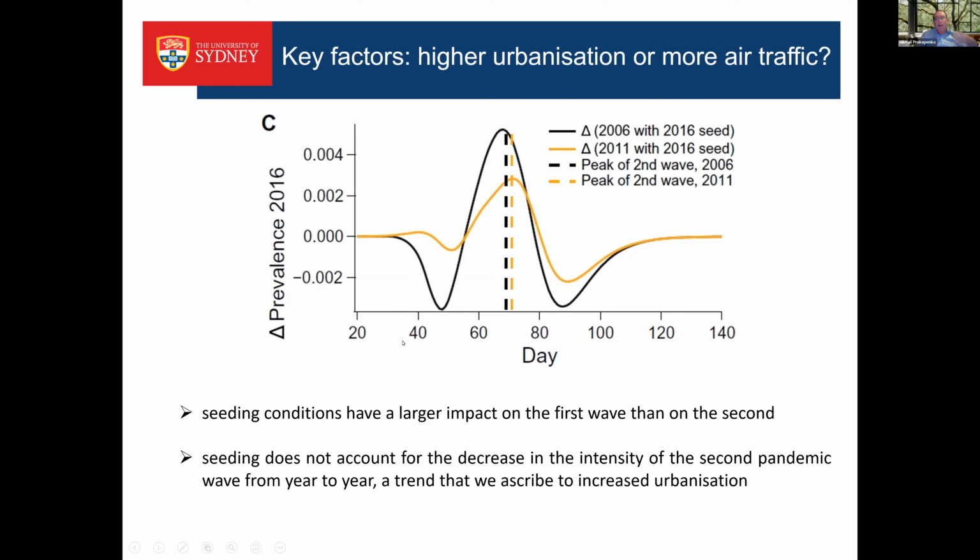And that's logical. The international travel drives the first wave. But the second wave, which happens around day 70, does not seem to reduce this delta. In fact, the delta is fairly high, which means that the international travel, which is represented by the seed, does not do much for the rural wave. So that's another example of what you could do with the agent-based model.